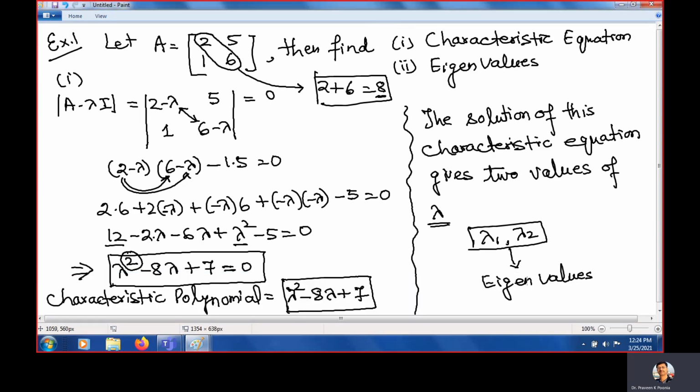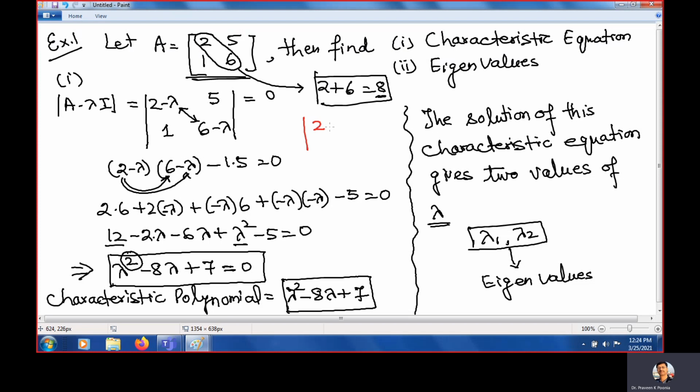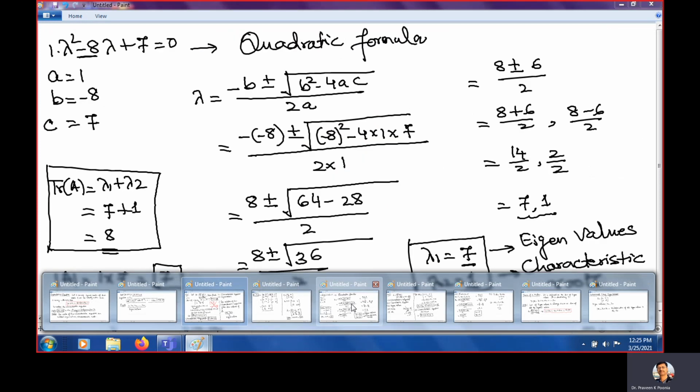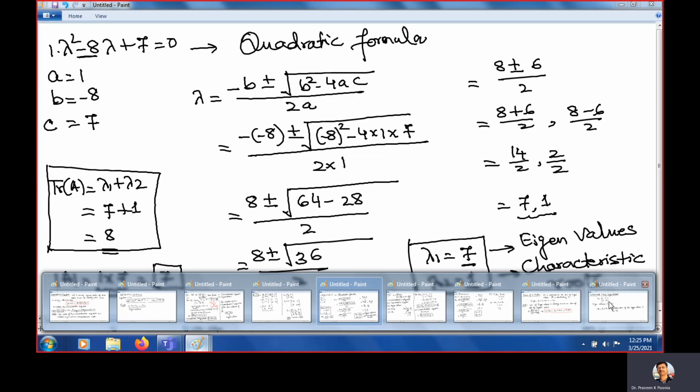And if you want to find the determinant directly, if I take the red color, you will find 2 into 6, 12, minus 1 into 5, 5. How much? It is 7. This is the direct method we are not using, but the value of the determinant is 7. And the same thing we calculated just by multiplying the eigenvalues: 1 into 7 is equal to 7. That is the value of the determinant.